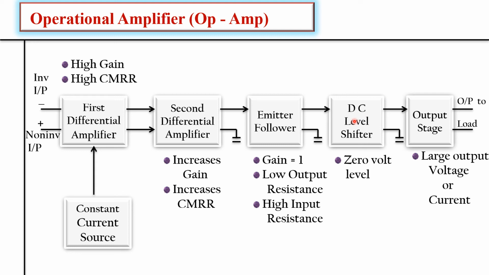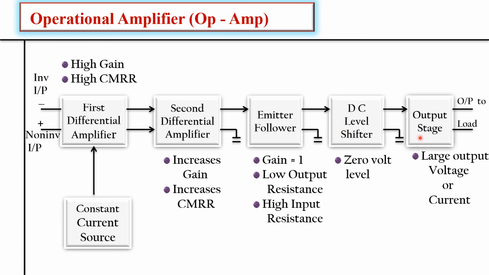In the absence of input, the output may not be zero. Therefore, the DC level shifter is necessary to bring the output to 0 volt level or ground potential. So when there is no input, the output should be 0, but sometimes it is not 0, right? So to bring the output to 0, we use a DC level shifter.